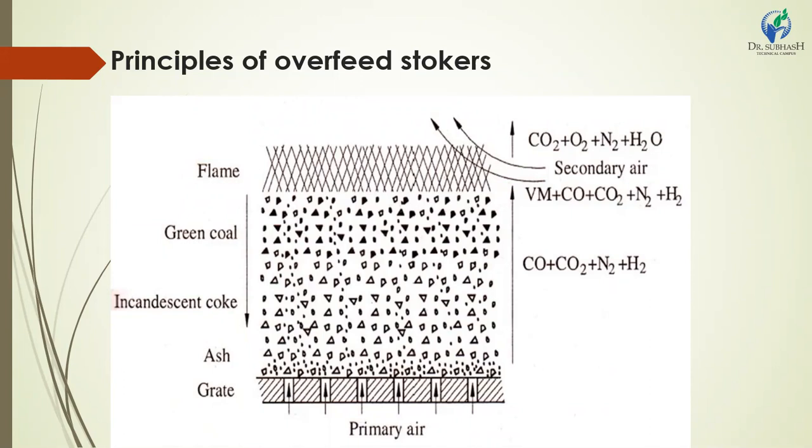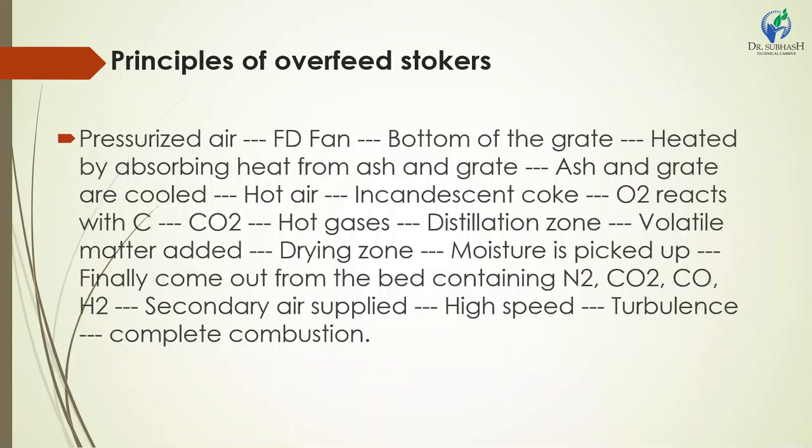As the air comes in contact with incandescent coke, oxidation reacts the coke to form CO2, CO and free hydrogen. Upon further travel through the incandescent region, some of the CO2 reacts with the coke to form CO, hence no free oxygen will be present in gases leaving the incandescent region.